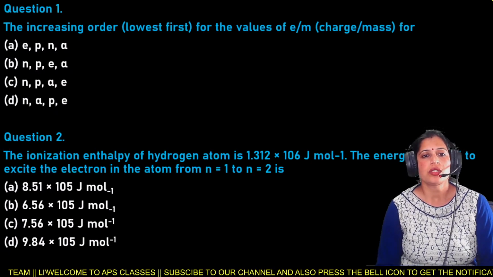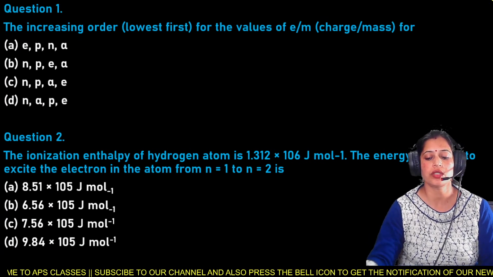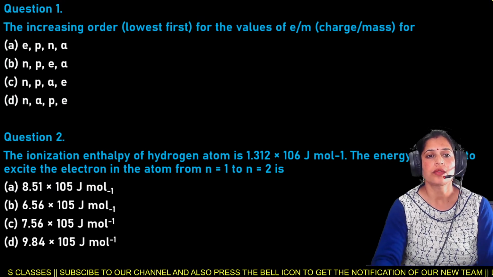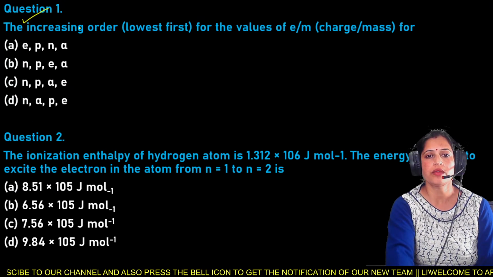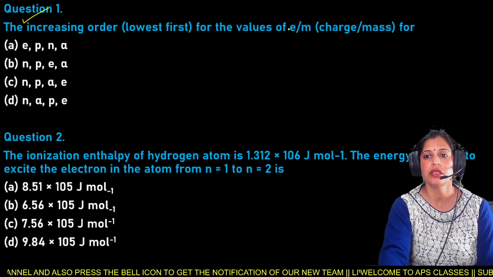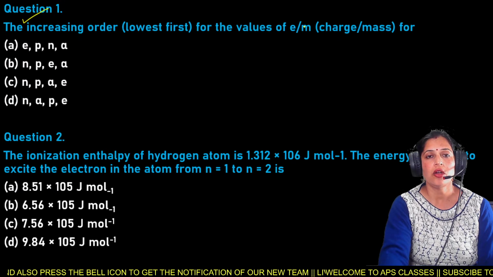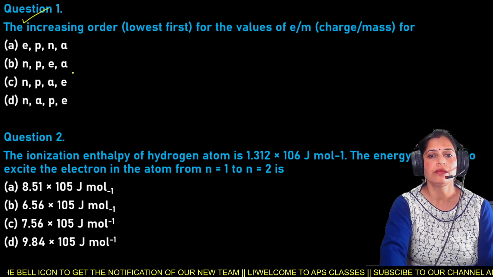Now let us start with our first question from this chapter. Arrange in increasing order, that is the lowest first, the values of e/m, that is charge/mass.